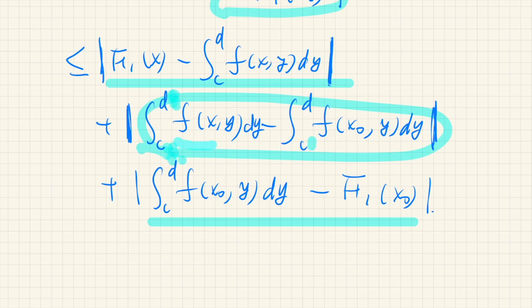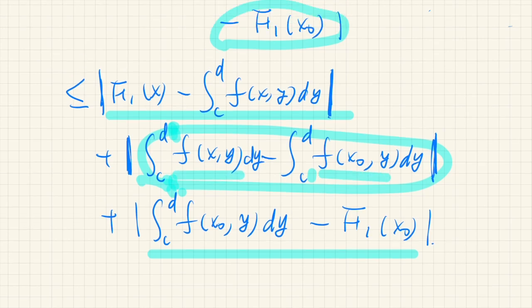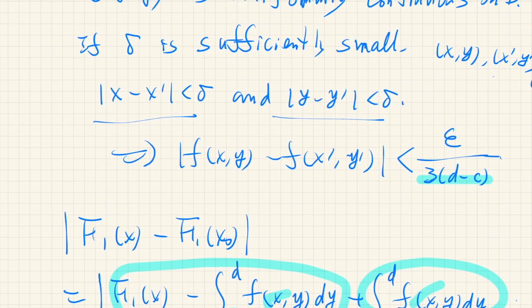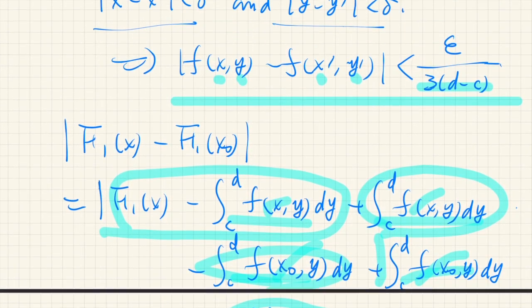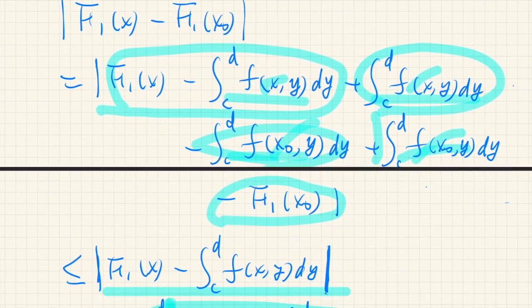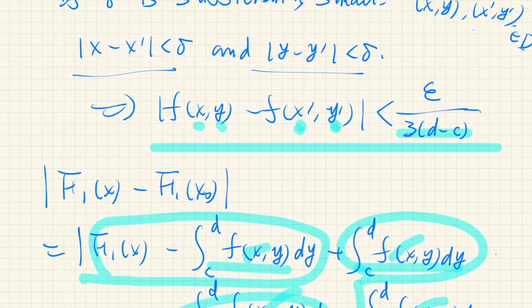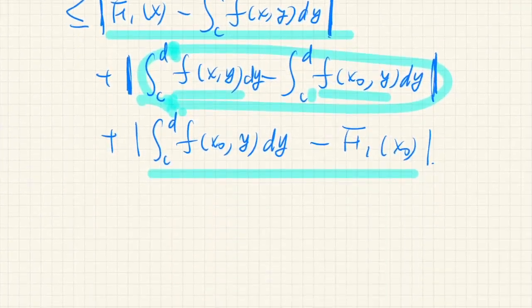So that will be f(x, y) minus f(x0, y), and we have seen this here. Here x and y and x prime and y can be any points, right? So it can be x, y, and x0, y. So the same thing. So that is less than this quantity.